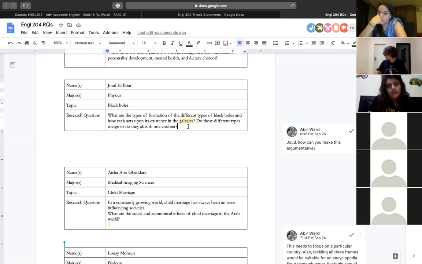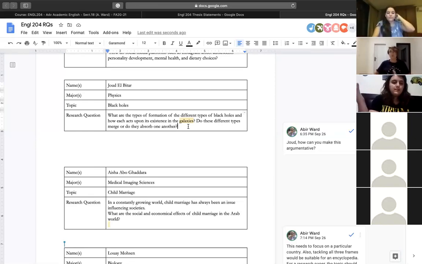For example, take a small type of black hole and a big type of black hole. Theories used to say that they merge together and become a bigger black hole. But now there's a paper that says the small black hole does not merge with the big one. It does not get sucked in. It's formed differently, and it's a bit complicated.